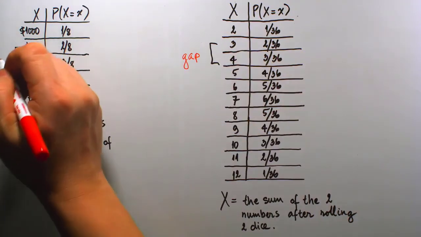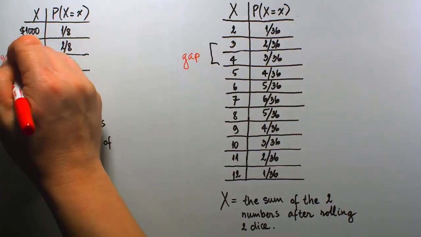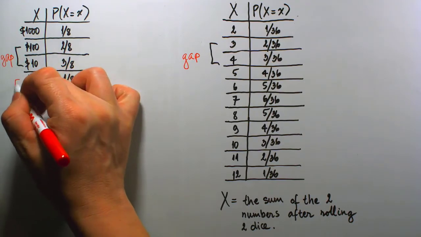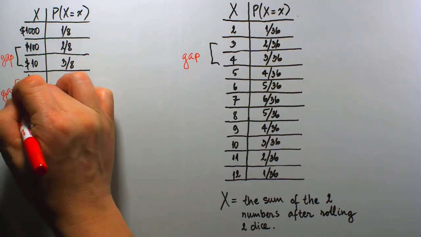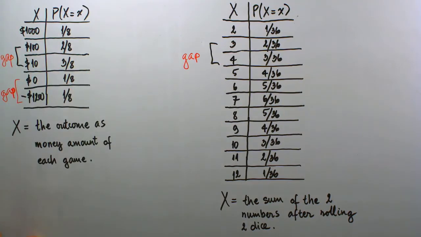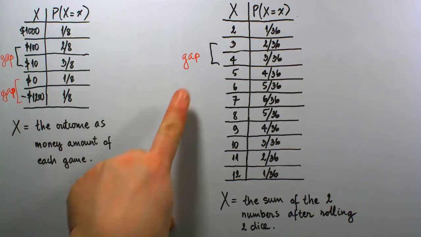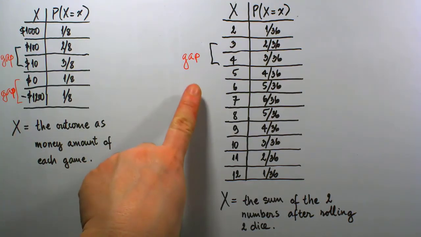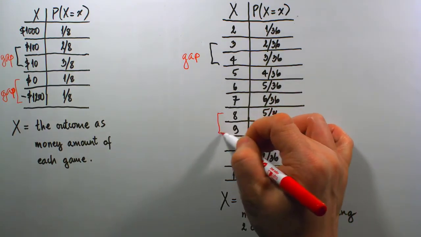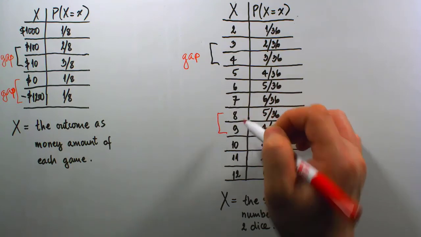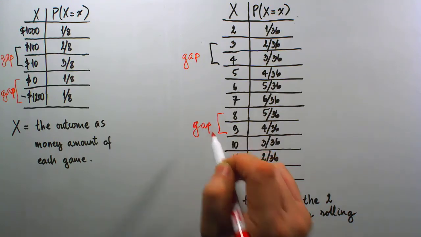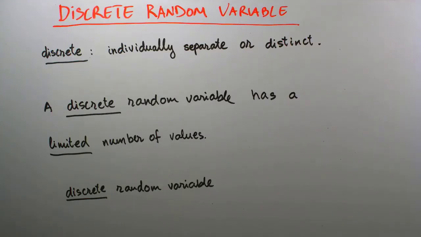So there's a gap here between these two values. There's also another gap here between these two values. And so having a gap between any two adjacent values is a feature that makes this kind of random variable be regarded as a discrete random variable. So here 8 and 9 are discrete from each other because they have a gap between them.